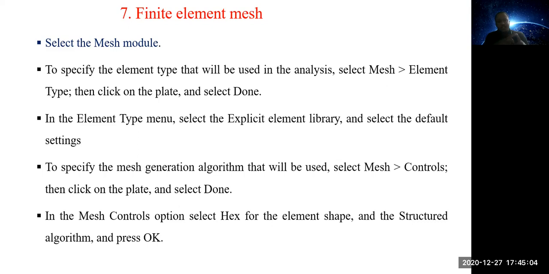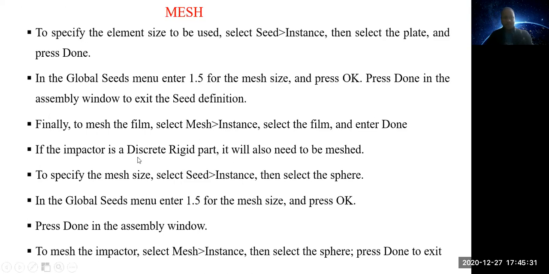So we select explicit, and then allow the material removal, selecting the material deletion, and also selecting the control of spurious deformation of material due to the hourglassing effect. That should also be selected. So let me do it practically. The meshing procedure is all written here.